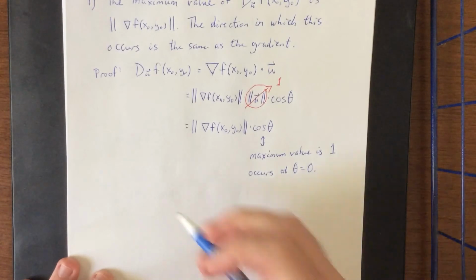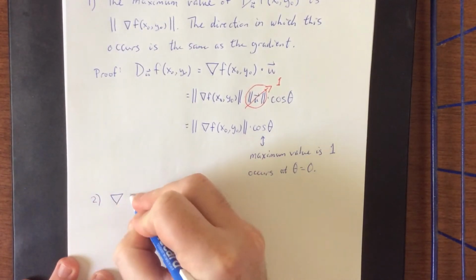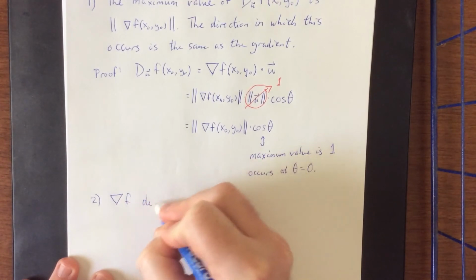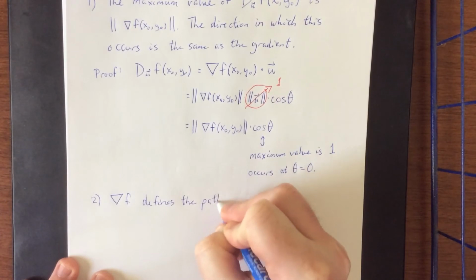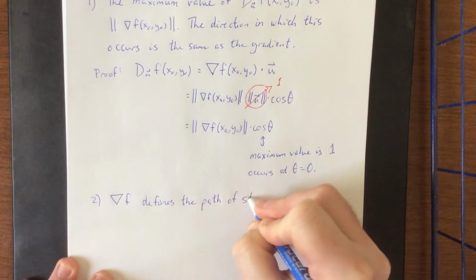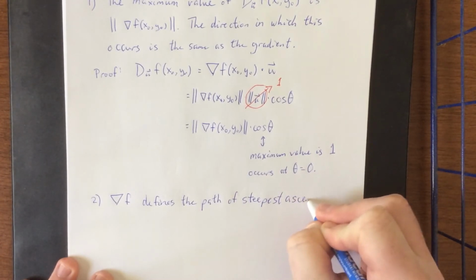Now, the other thing that does for us is that the gradient vector defines the path of steepest ascent.